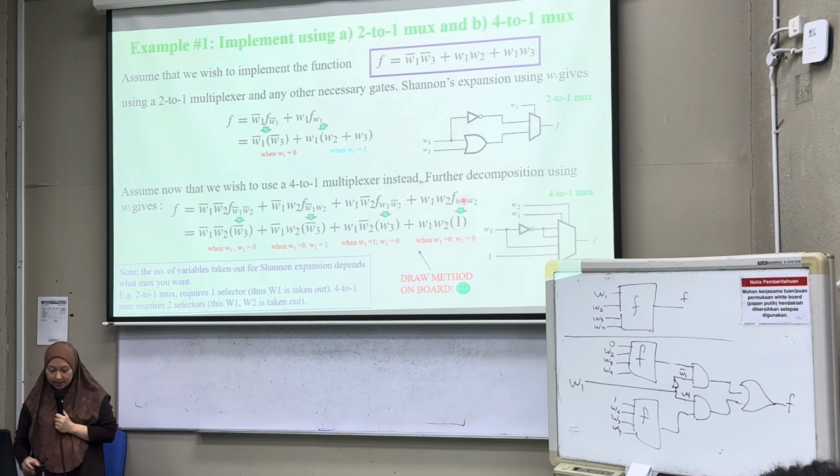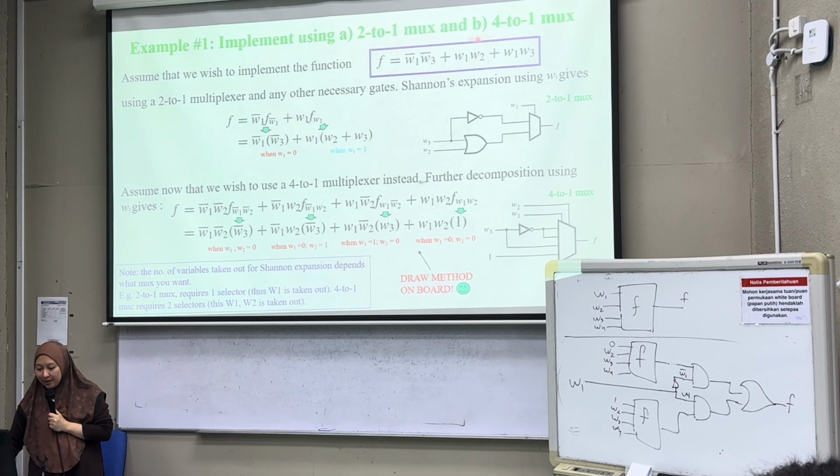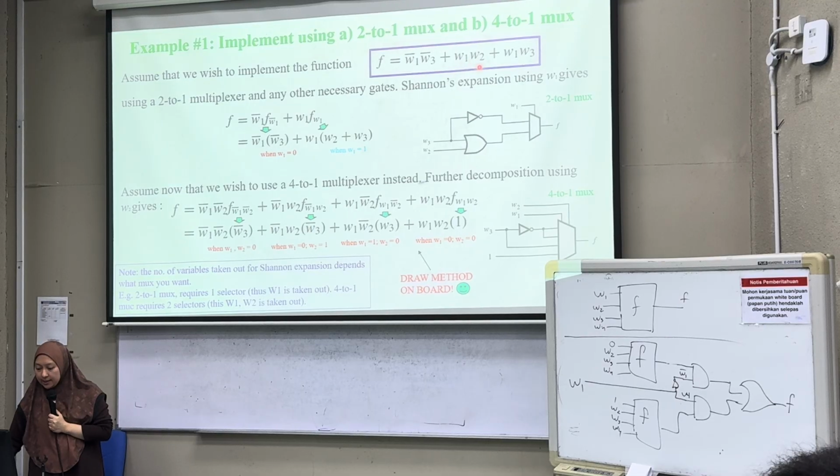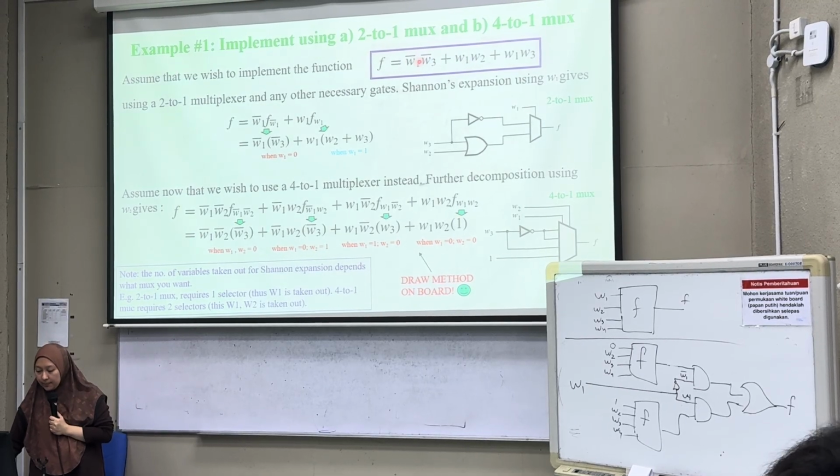When W1 and W2 are equal to 0, you're only left with this W3. When W1 is 0 and W2 is 1, again you have only this term.